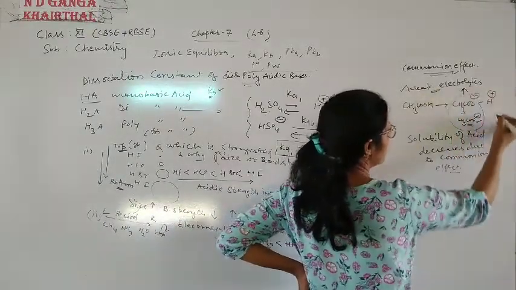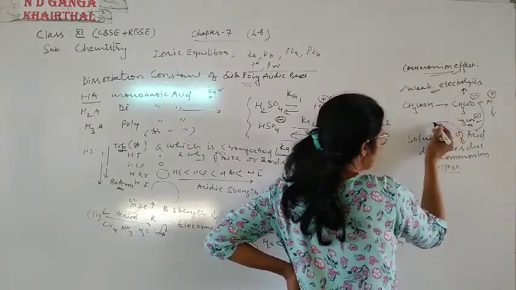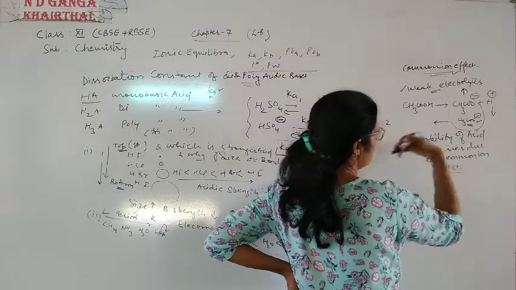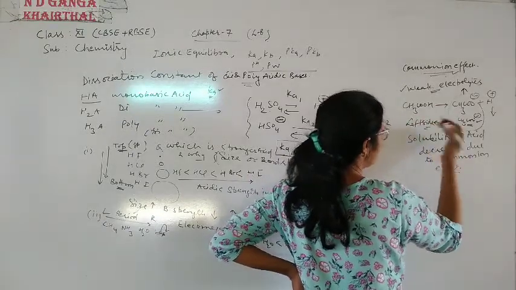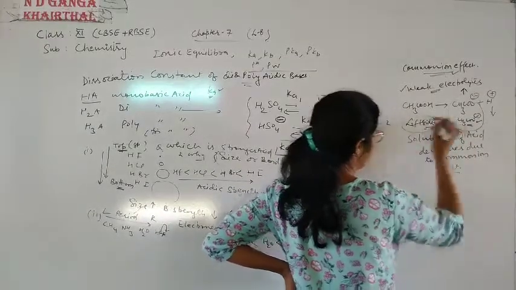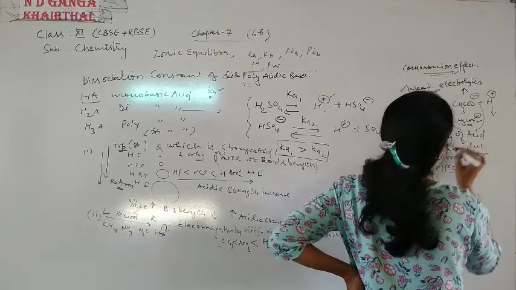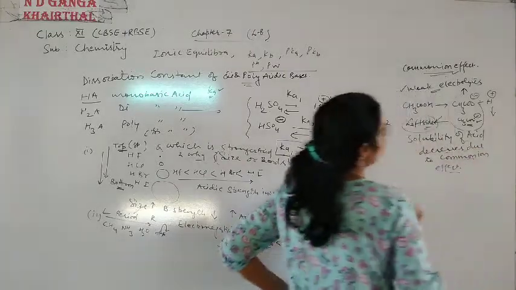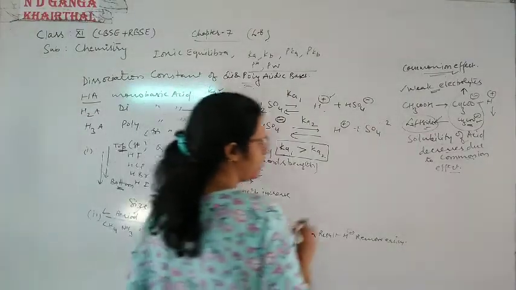As a result, the concentration of H ion will decrease. As a result, this will shift towards the left hand side. So the equilibrium will shift towards the left hand side and the solubility of acid decreases due to common ion effect, okay?